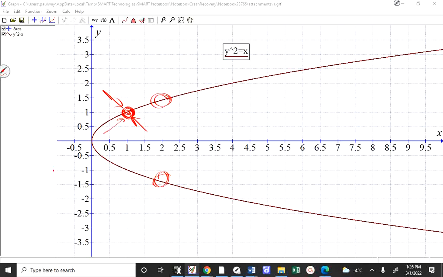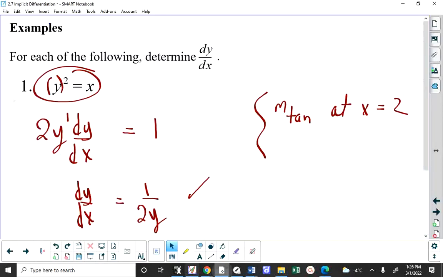So because y is the only thing that's important in identifying a point, I think it's kind of cool. The only variable that appears in the derivative is that y variable. You don't need x, you need y. So if I wanted to know the slope of the tangent on this thing where y is 1, I would put y equals 1 in there and I would get 1/2.